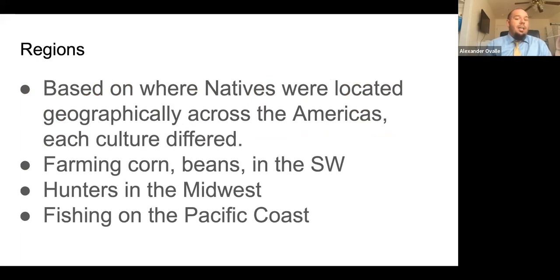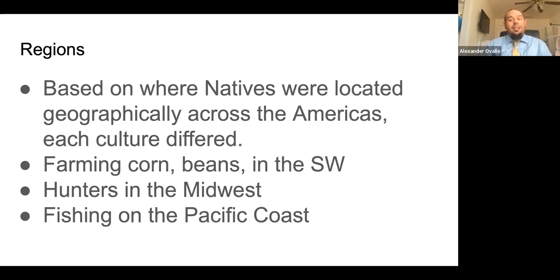So the regions, based on where these natives were located geographically across the Americas, each culture differed, especially in the North American continent. Farming, corn, squash, and beans were the main staple for the natives in the Southwest. There were hunters and gatherers in the Midwest, hunting buffalo. And of course, we had fishing on the Pacific coast. That's not to say it was only on the West Coast.